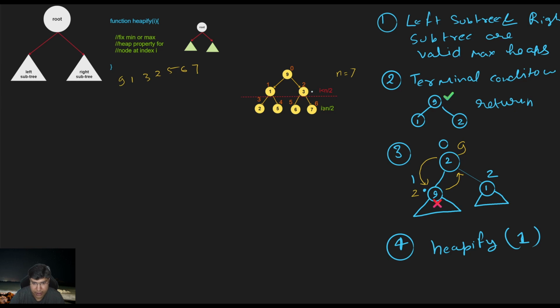Let's start with index 2 because this is where the non-leaf nodes start. Just looking at this right subtree, I can say that 7 is the largest of all these three numbers. So 3 comes down and 7 goes up.